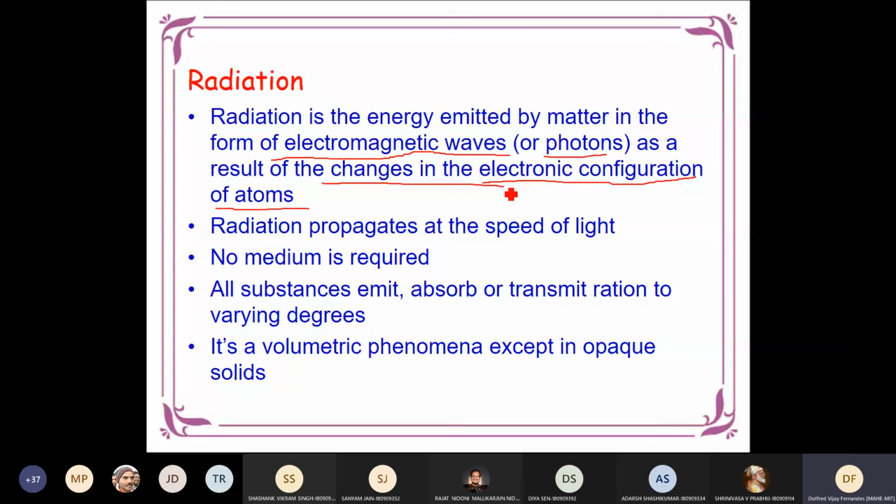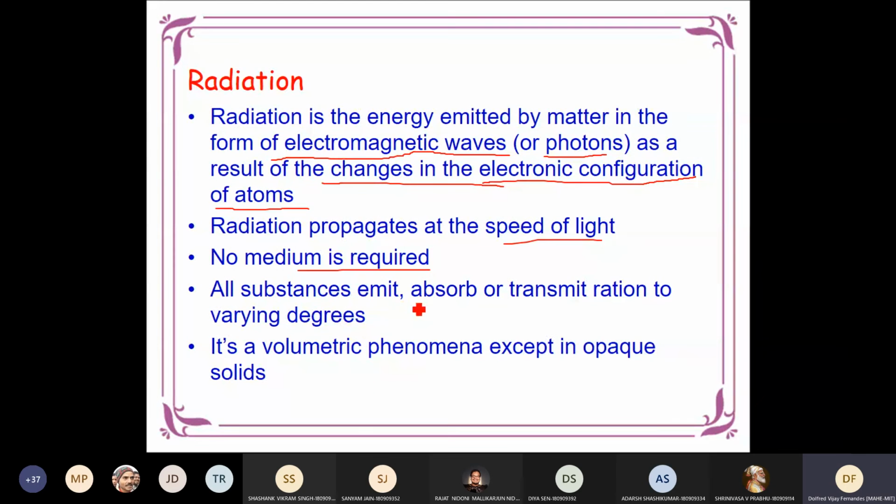That means when electrons jump from one energy level to another, they emit electromagnetic waves, and that is the radiation. It propagates with the speed of light, and no medium is required for it.